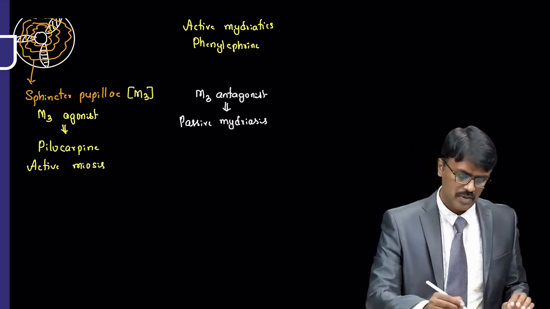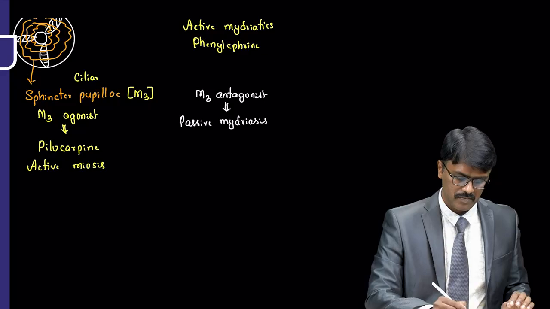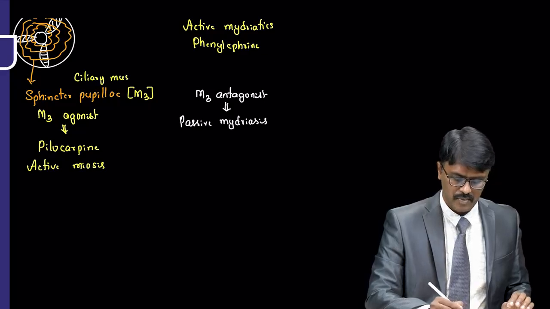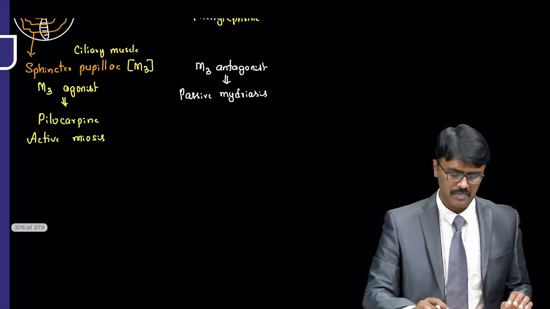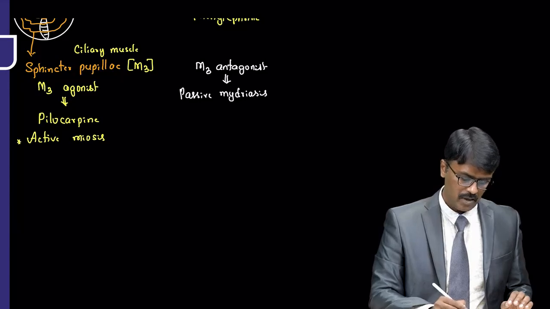Now M3 is also present in one more muscle, the ciliary muscle. In the eye, the ciliary muscle is responsible for accommodation.